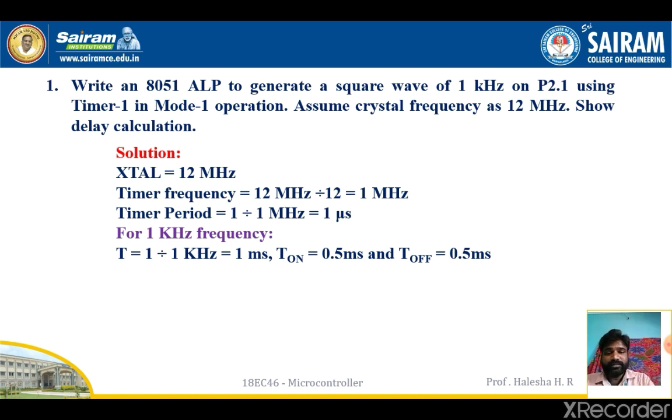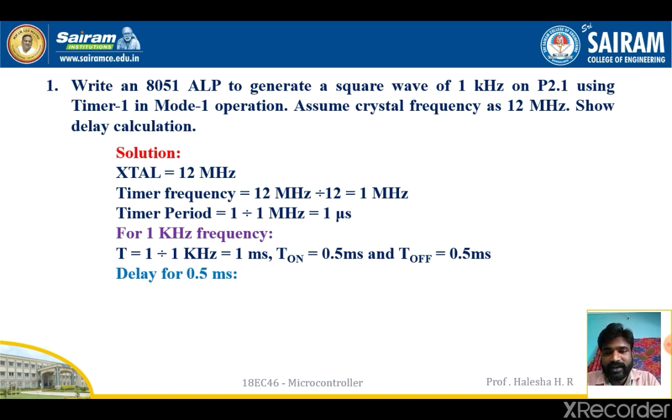Next, it is very important to understand how to generate a delay of 0.5 millisecond. One timer period is 1 microsecond, so to provide 0.5 millisecond, how many machine cycles are involved? We need to calculate that.